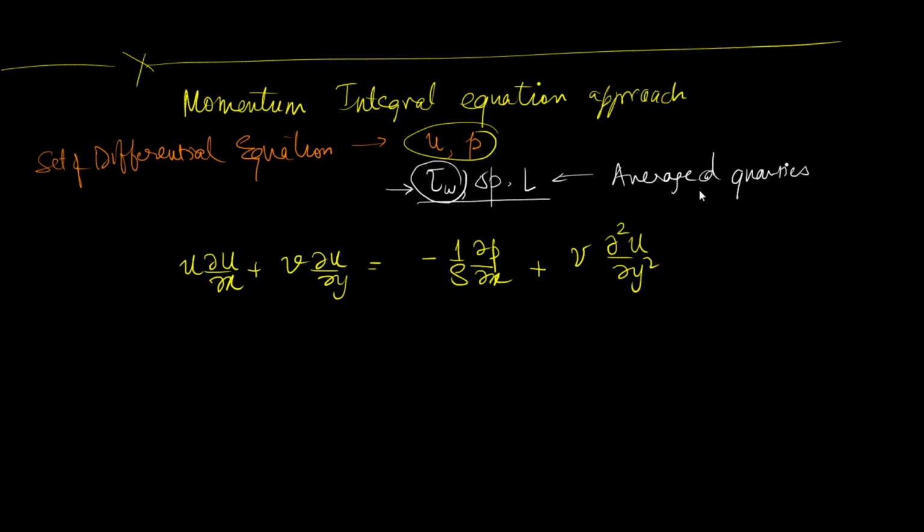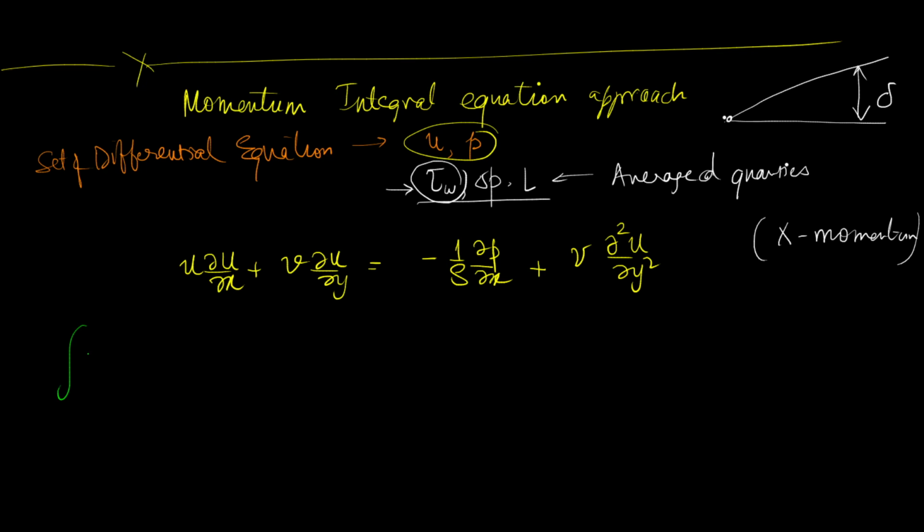This is the equation that we had. Let us now integrate the x momentum equation inside the boundary layer. So if this is delta, let us integrate it over the boundary layer. Essentially, you are doing a depth average.